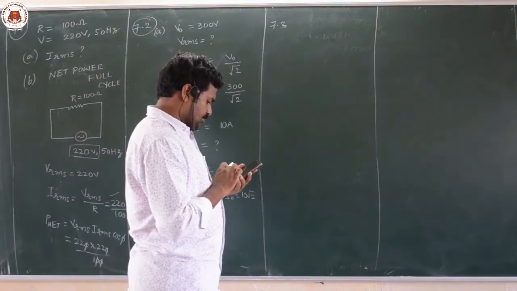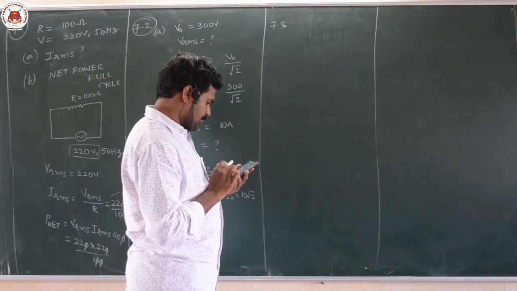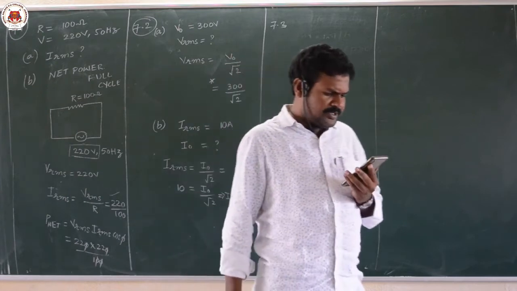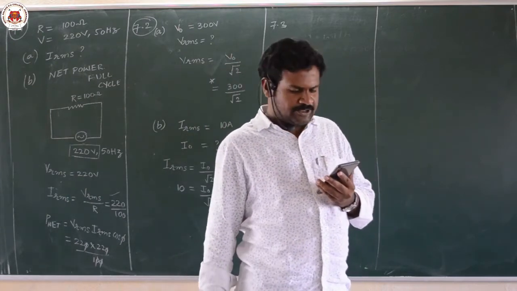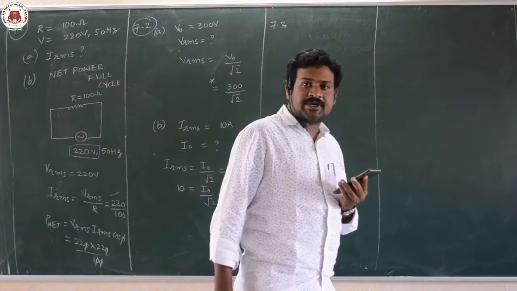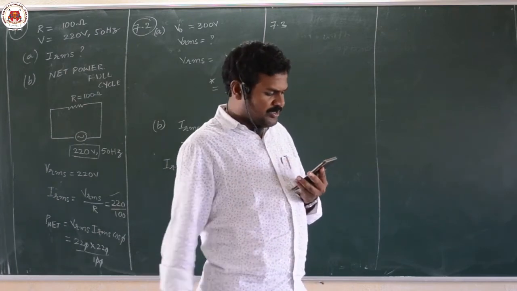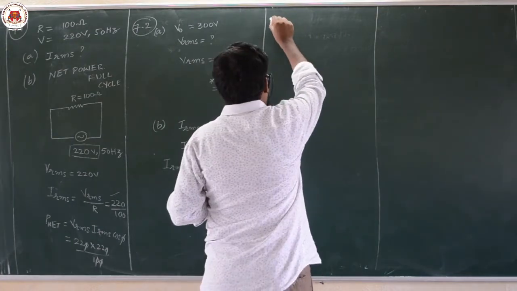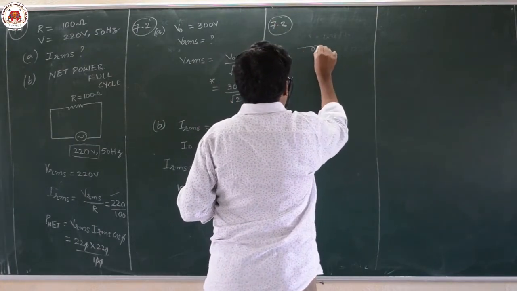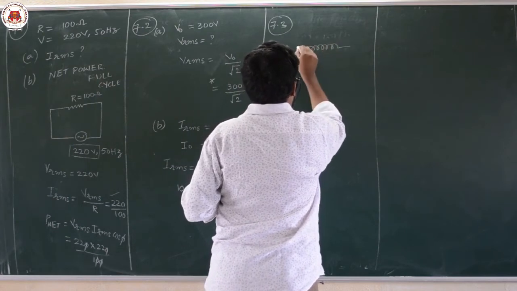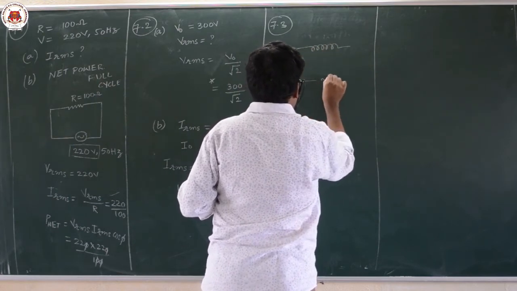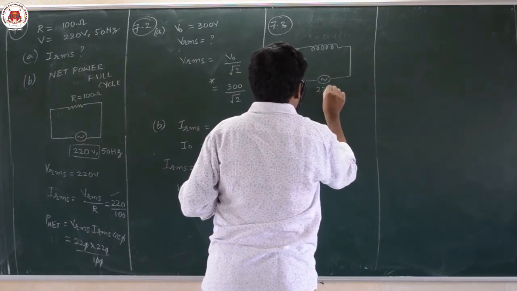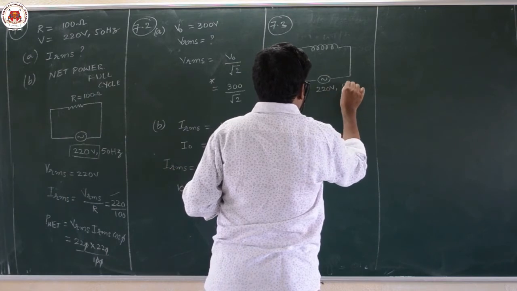Next question. A 44 millihenry inductor is connected to 220 volts and 50 hertz supply. Determine the RMS value of current in the circuit. Here a 44 millihenry inductor is connected to an alternating source whose EMF is 220 volts, 50 hertz.